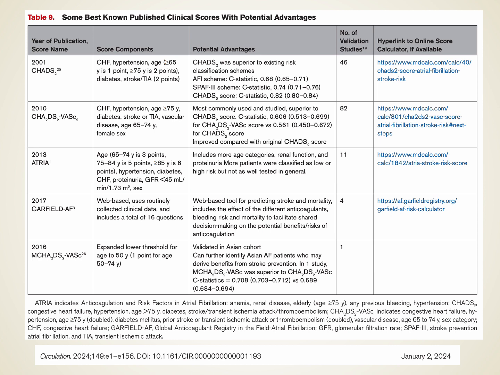The older CHA2DS2-VASc scoring tool has been around for a long time, and the updated one, I guess I misspoke a minute ago, is actually 15 years old, from 2010. But these other tools are available as well, and the guidelines point to where you might find those if you're interested. But I think most folks still use the CHA2DS2-VASc scoring system.